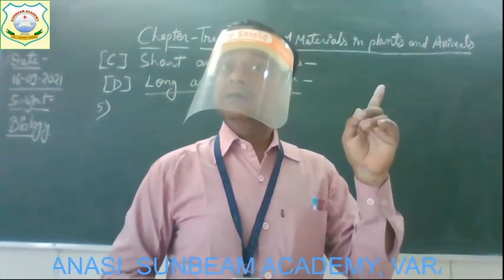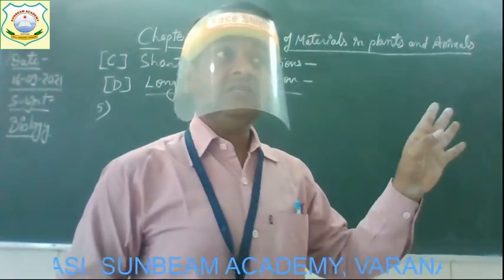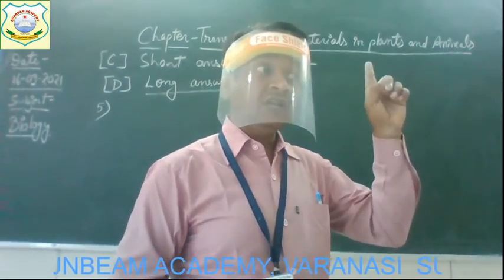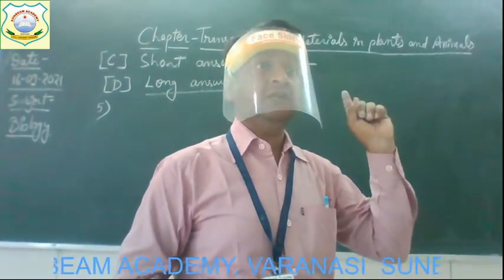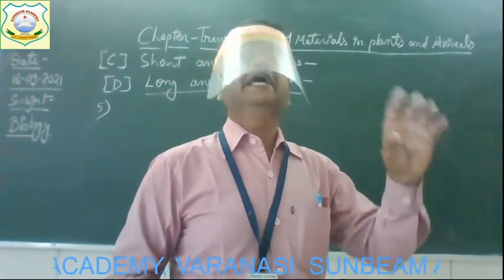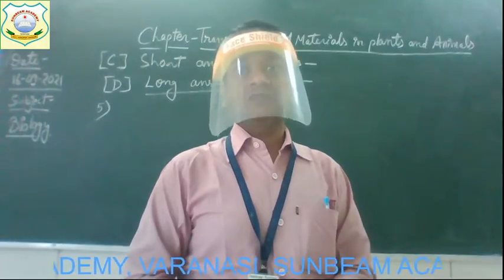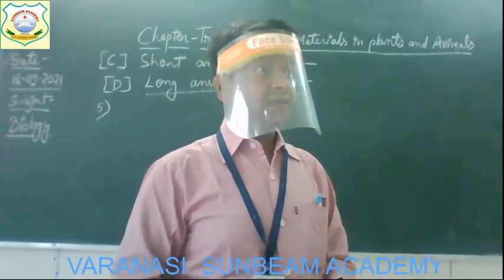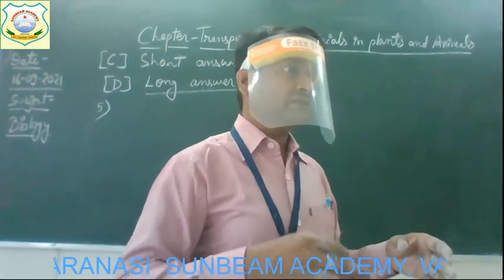And which artery does not carry oxygen-rich blood? Which one? The pulmonary artery. That is the exception. The pulmonary artery does not carry oxygen-rich blood. It carries carbon dioxide-rich blood. Understood everyone? The difference between arteries and veins.